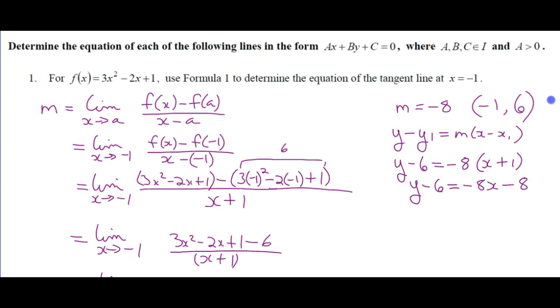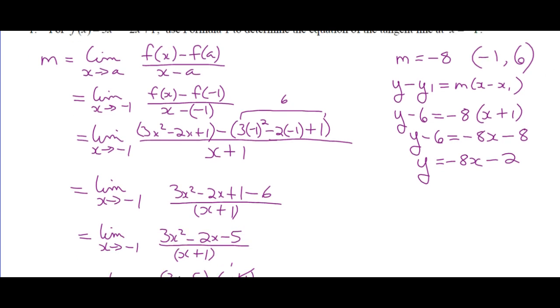I could very nicely go into slope-intercept form. As a matter of fact, let's do it: -8x minus 2. But that's not what they asked for. They wanted general form, so move the 8x over. Now, there's no fractions here. It's nice, right? The slope was just -8. So what do we got? Positive 8x plus y plus 2 is equal to 0.